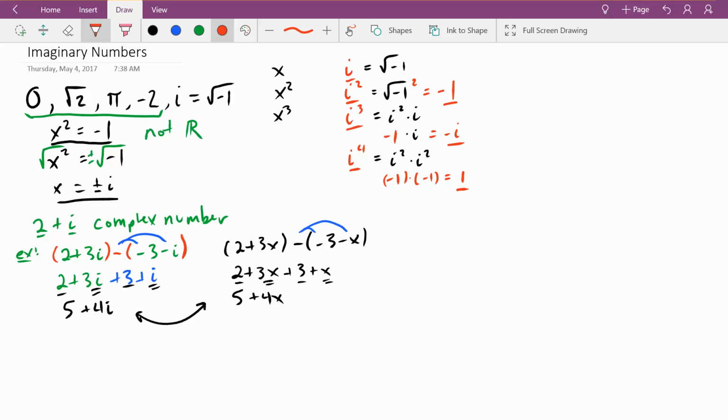Well, thankfully, once we get to i to the fifth, this pattern keeps repeating, because notice i to the fifth is just i to the fourth multiplied by one more i, and i to the fourth, as we just found, is 1, so we have 1 times i.